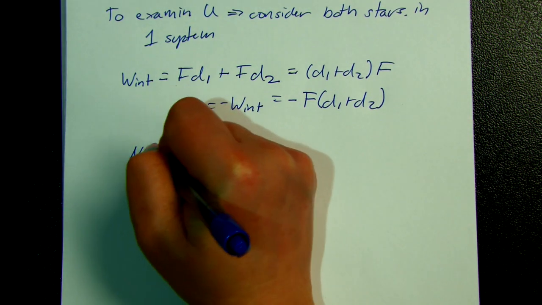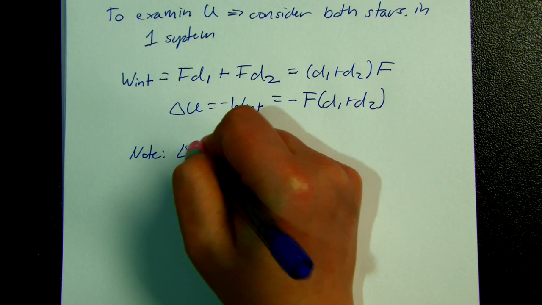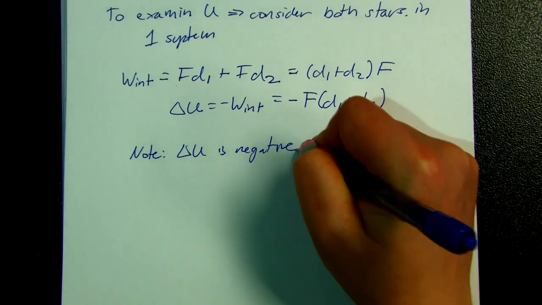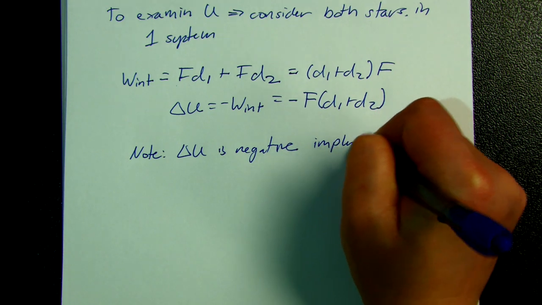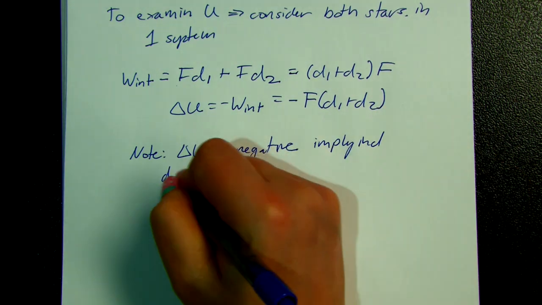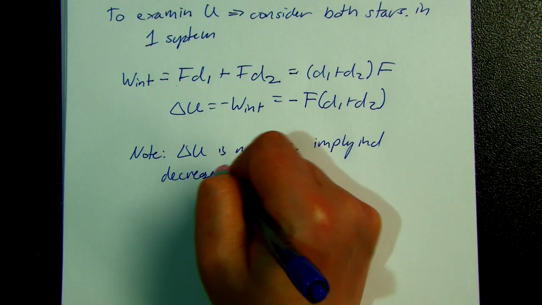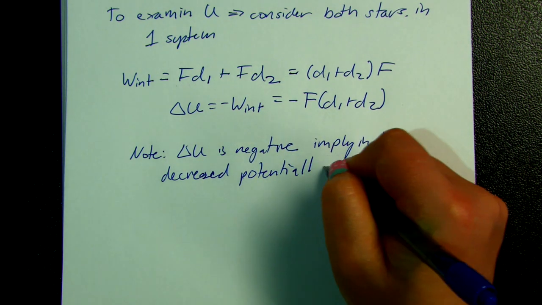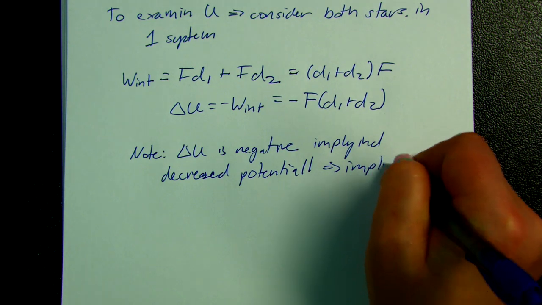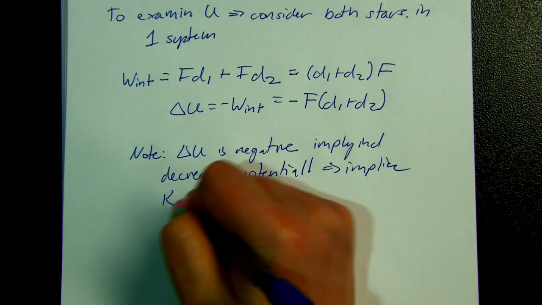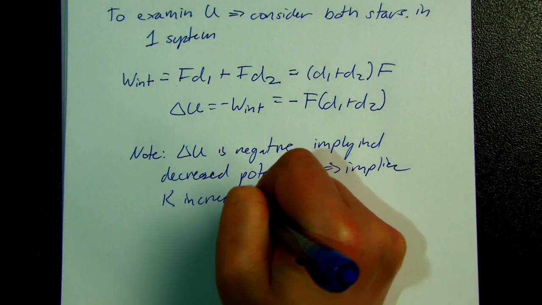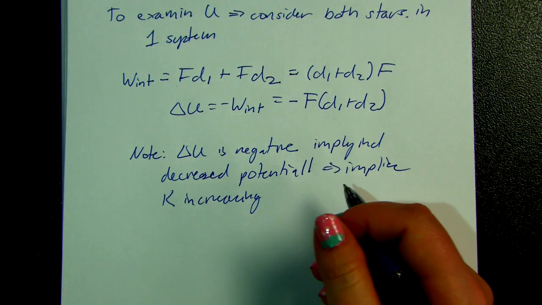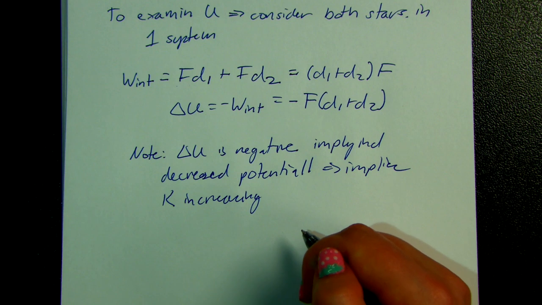So delta U is negative, implying decreased potential, which implies K increasing, which makes sense. We said they were at rest. Now they're moving towards each other. They've got a little bit of non-zero v there.